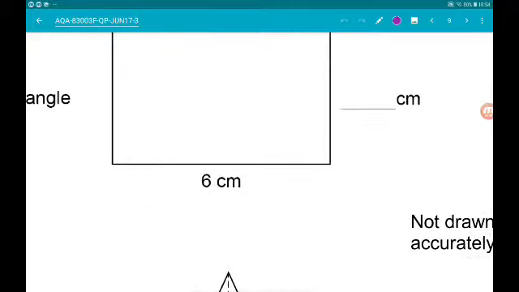So our base is 6. So 6 times the height has to equal 24. So the height is 24 divided by 6, which is 4.